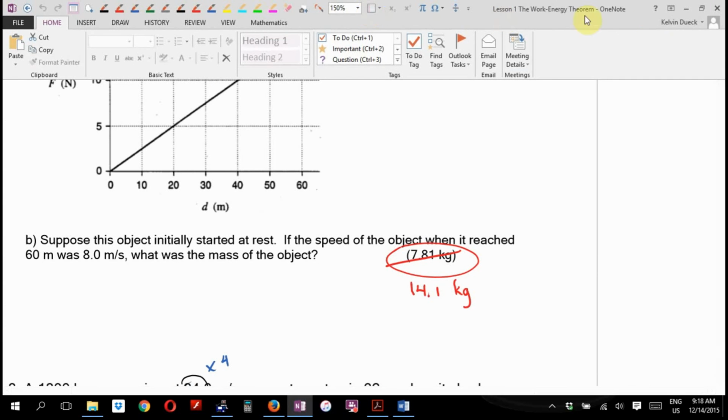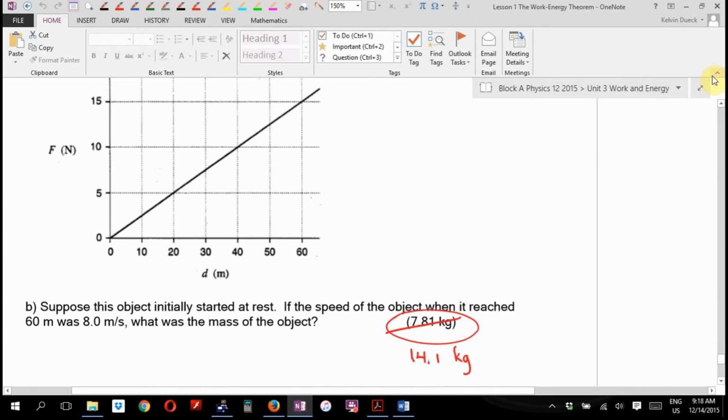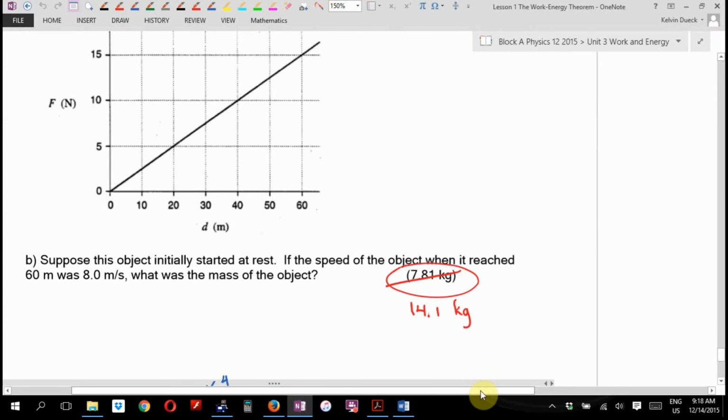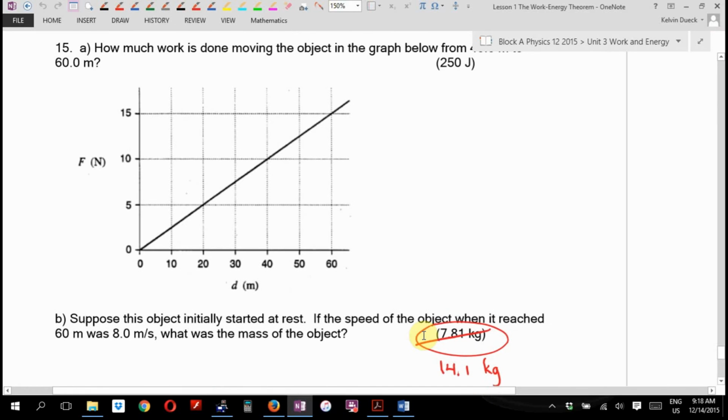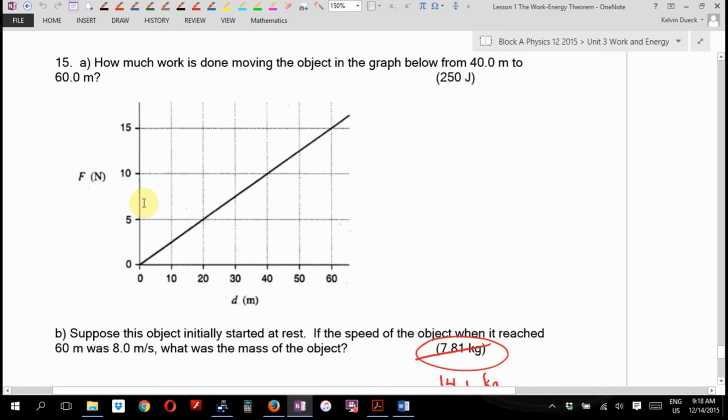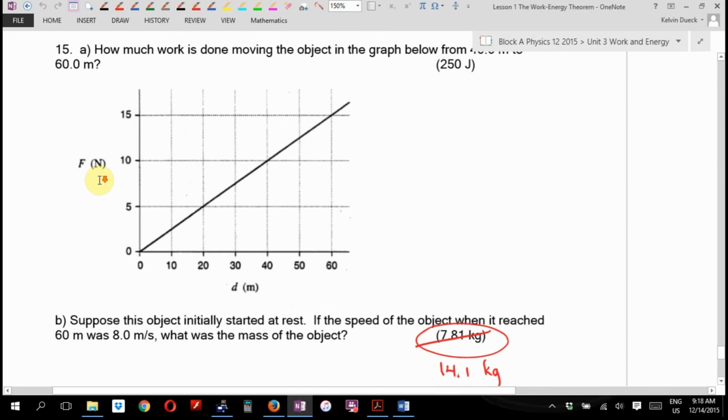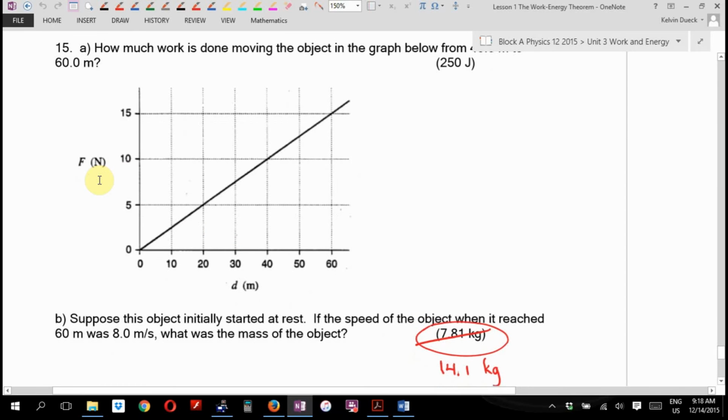Oh, you got it a different way? Well, I used d equals a t, and you got a force, so you found the... So did you do part A? Yeah. See, if I hadn't done part A first and they gave me that graph, I might use your method.